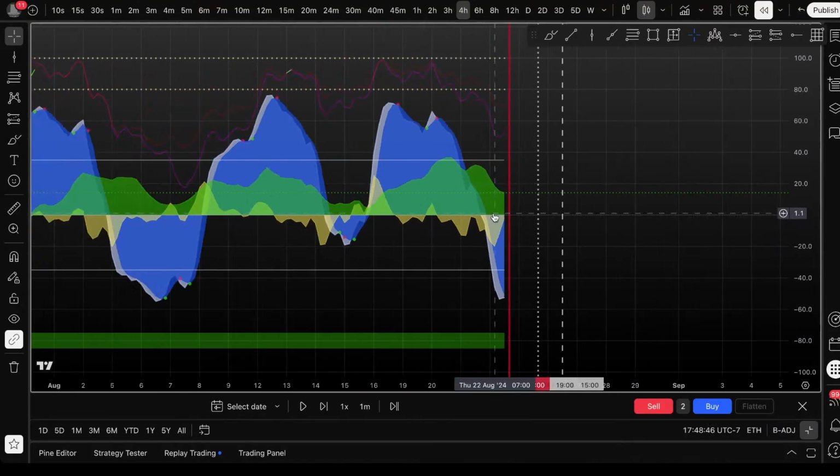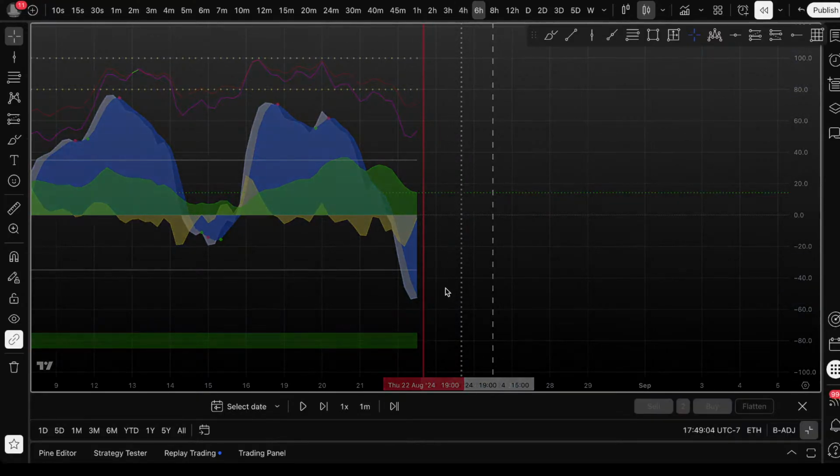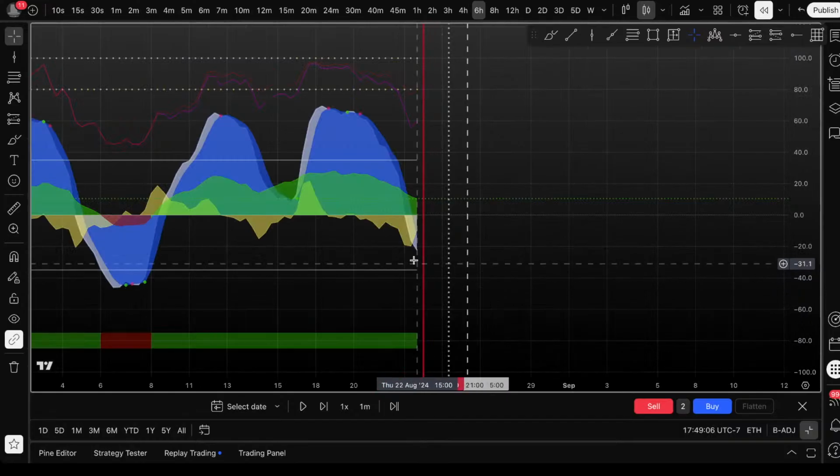Let's see here. We got 4 hour, 4 hour just started. Up to 7. And we could start coming up here, but it's going to be a rough ride because this 6 hour is going to fight.